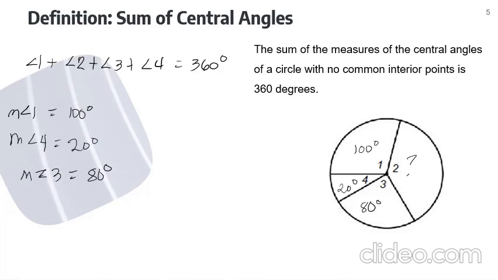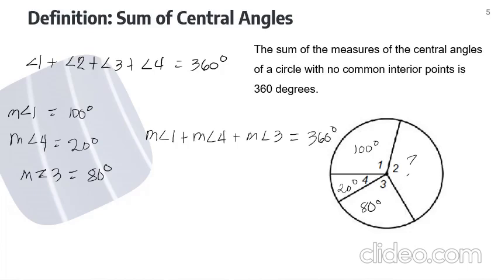To solve for the measure of angle 2, add first all the given. The measure of angle 1 plus the measure of angle 4 plus the measure of angle 3 equals 360.